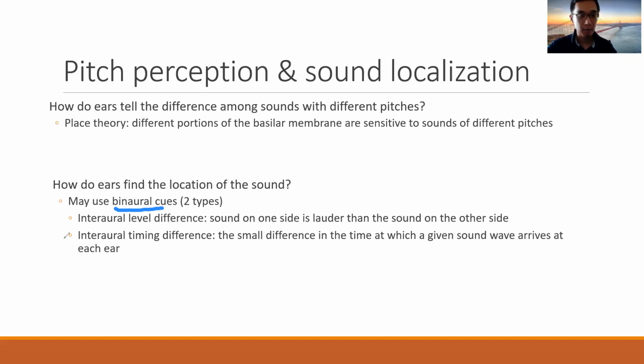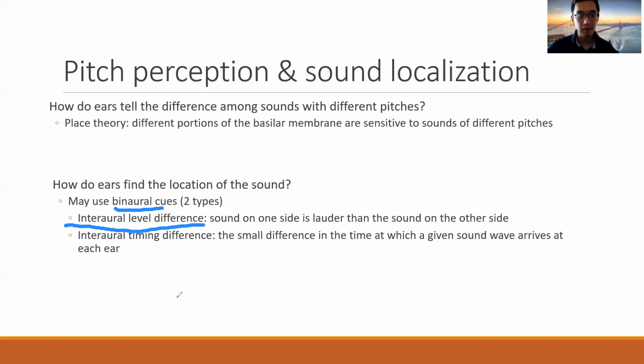For example, there is the interaural level difference. If the sound is from the left side, what happens? The sound on the left side is louder than the sound that we hear on the right side, because the sound is from the left side.